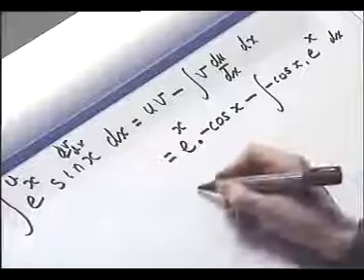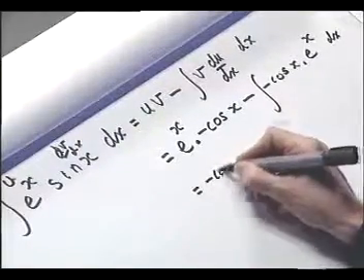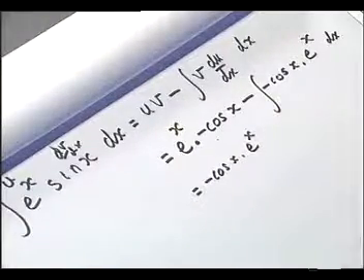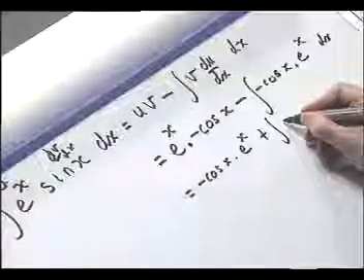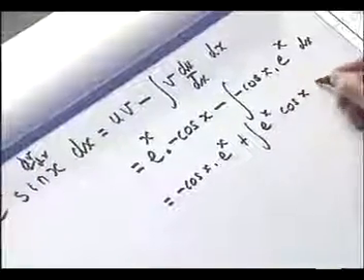Let me just tidy that up a bit. Lots of minus signs knocking around. So we've minus cos x times by e to the x plus the integral of e to the x cos x dx.